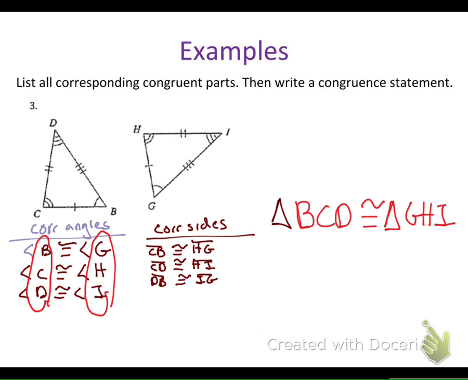This is a very consistent way. And we see again that we had to write it where the corresponding angles are in the same spots. And then we can still make that same statement about BC is congruent to GH, CD is congruent to HI, BD is congruent to GI. Are you guys okay? Can you see everything that we're going through? Any questions so far?